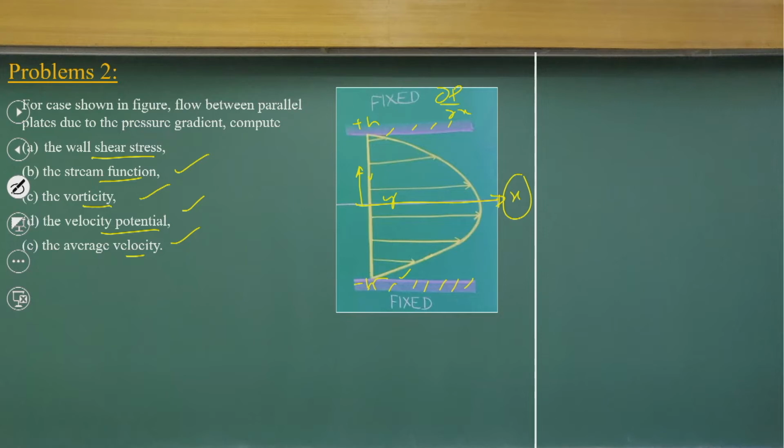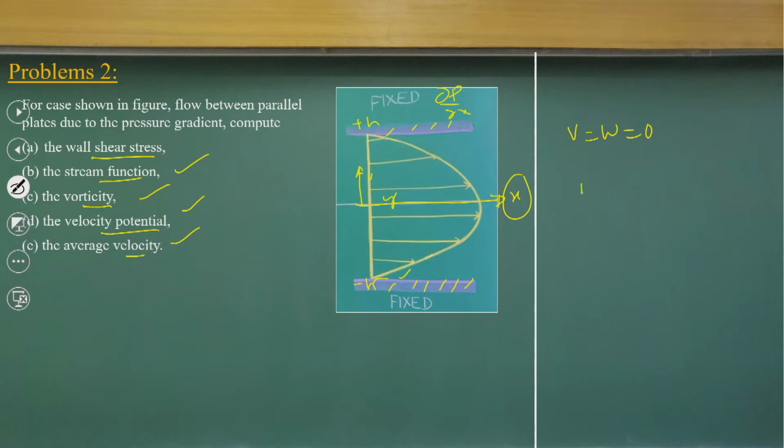In the last class we estimated this velocity field from the Navier-Stokes equations, where we assumed v and w are 0, neglecting the gravity force components.